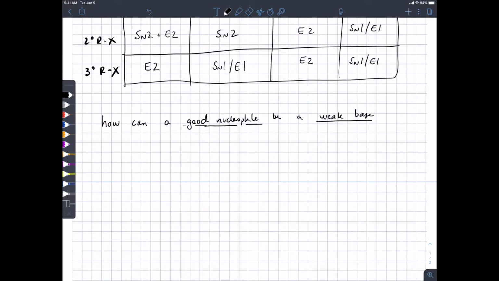So notice that we've set the cutoff line for weak base versus strong base at conjugate acids with pKa's of 16. Weaker than what? Weaker than hydroxide. So are you strong enough to deprotonate an alcohol or water? If you are, you're likely strong enough to remove beta protons.